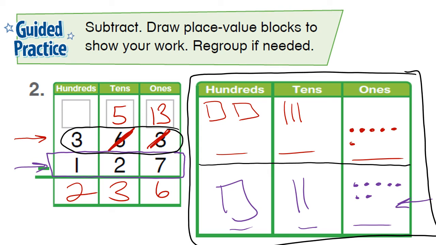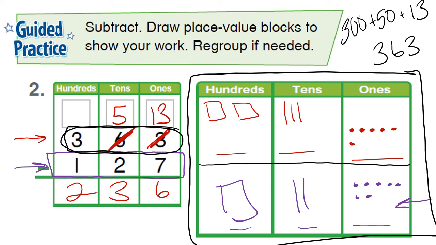So 200 plus 100 is 300. 30 plus 20 is 50. And 6 plus 7 is 13. If we add that together, we get 363, which is our minuend, or our larger number, the number that we started with.